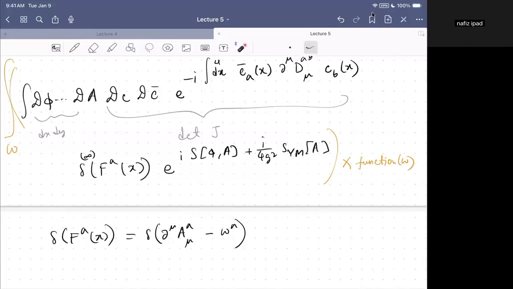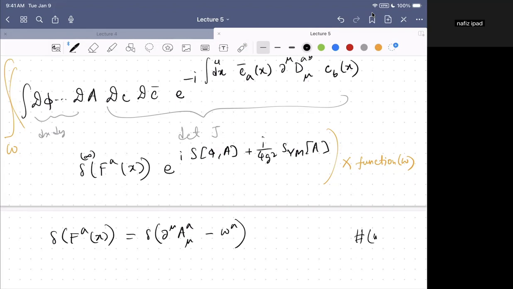Since the value of the integration doesn't depend on our choice of omega, this operation of multiplying by some arbitrary function of omega and then doing an integration over omega simply adds a multiplicative constant in front of the whole thing, right? You see what I mean? Suppose we have something that doesn't depend on some variable, let's say variable w.